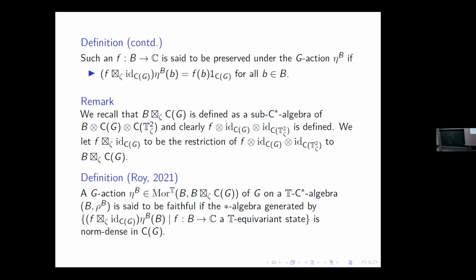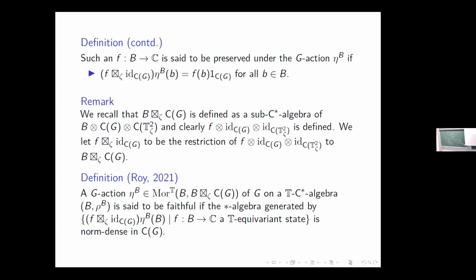I have cheated a bit because I defined the braided tensor product of two unital star homomorphisms, and F is not a star homomorphism, but the braided F tensor identity can also be defined by the procedure as follows. We recall that the braided tensor product of B with C(G) is a subalgebra of B times C(G) times the torus.